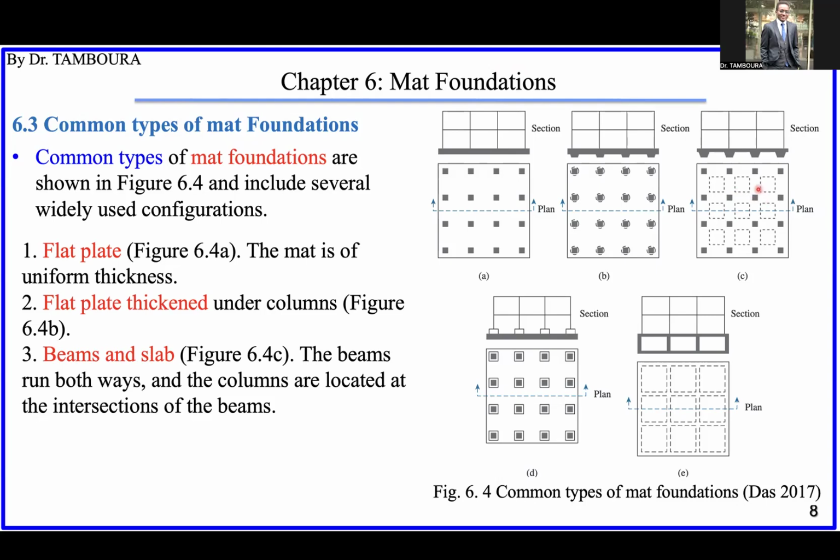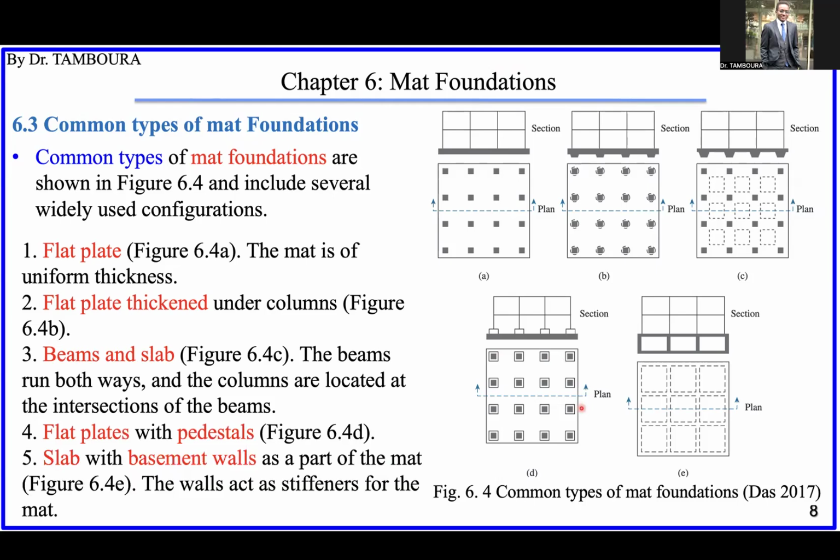And we have case D. It is similar to this one, but we have a pedestal on it. And we have the last one, which is a slab with basement walls.